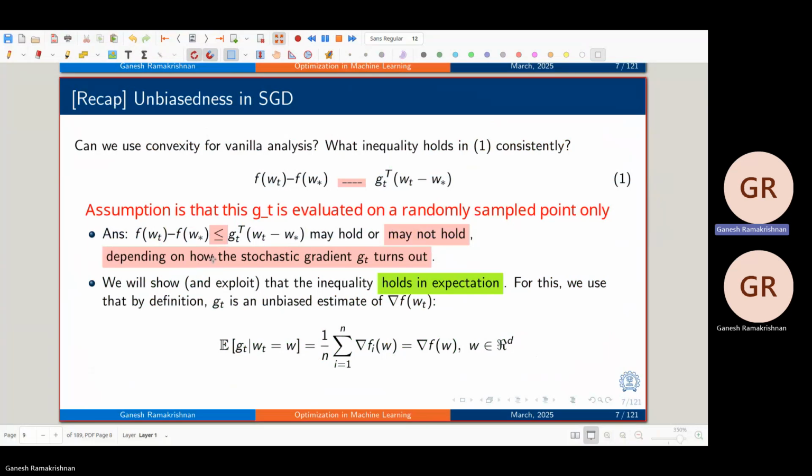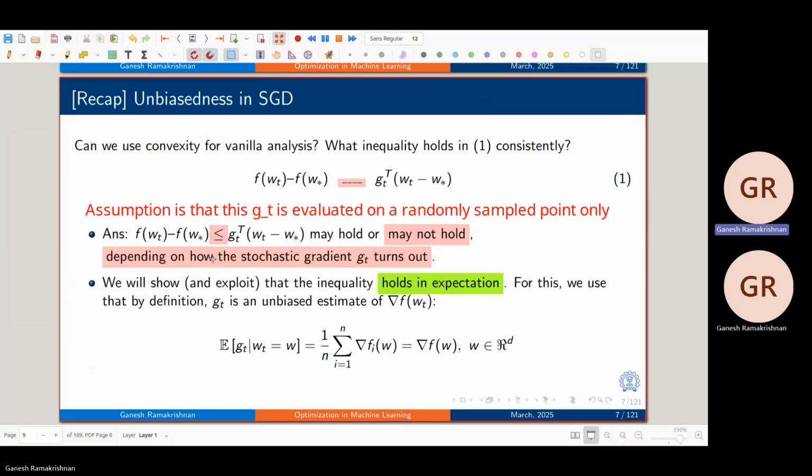So this inequality will hold in expectation is where we concluded. It will not hold always. It will hold in expectation if I replace g_t with a randomly sampled point gradient. This inequality will hold or not hold depending on how stochastic the gradient g_t turns out, but it will hold in expectation. That is the key point here.